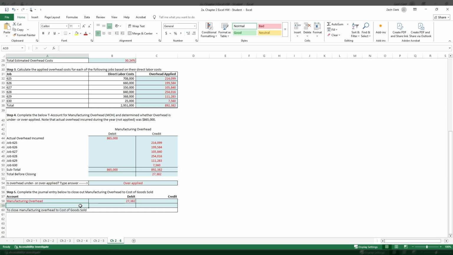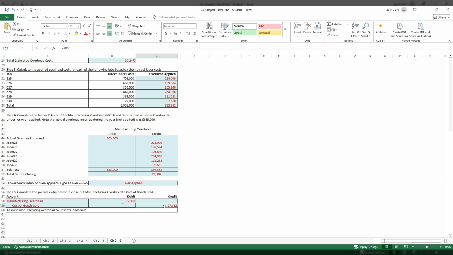And then as per usual, cost of goods sold is the account that we close to. If you remember, cost of goods sold is an expense account; we take revenue minus cost of goods sold to get gross profit. And so what we're doing here is closing out this overhead and crediting that cost of goods sold expense account.